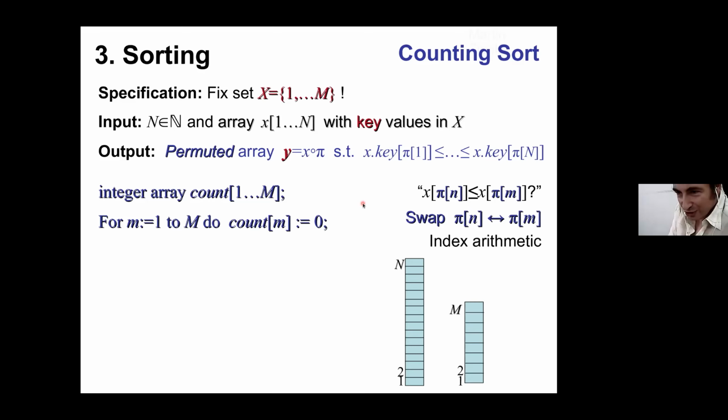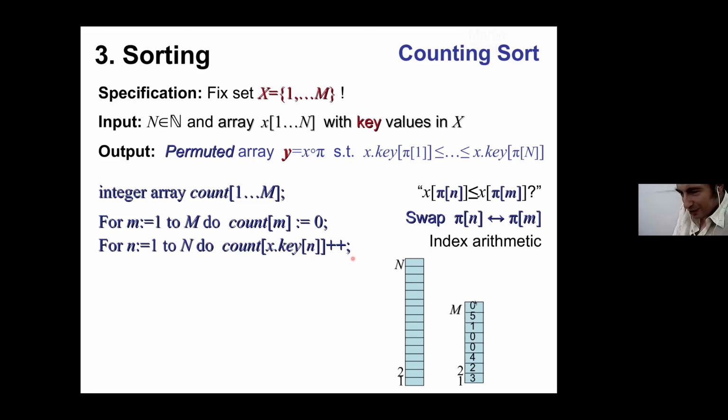And we assume now, this is important, that the value set is the integers from 1 to n. And then we do something like what we did in the database uniqueness algorithm. What CountingSort does is it simply records for every key how many times the key occurs.